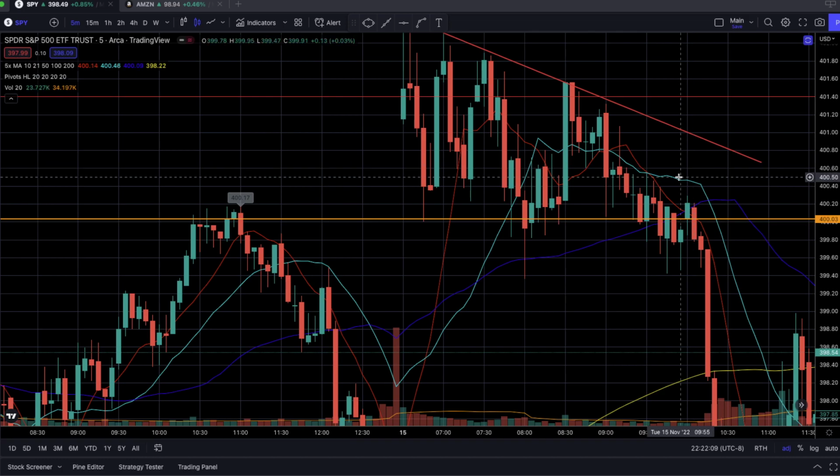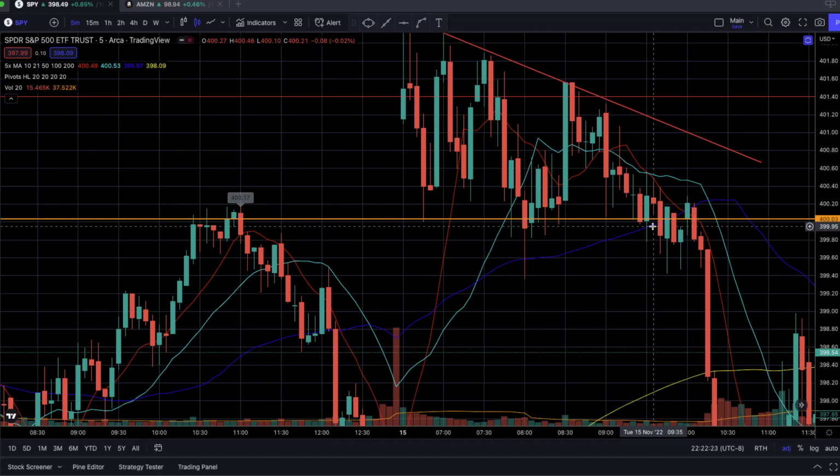We're using the psychological $400 level of support as a very significant level for buyers to hold or for sellers to come in. I sent in a message saying there's potential for us to flush below 400, so it might be wise to grab some out-of-the-money SPY puts.